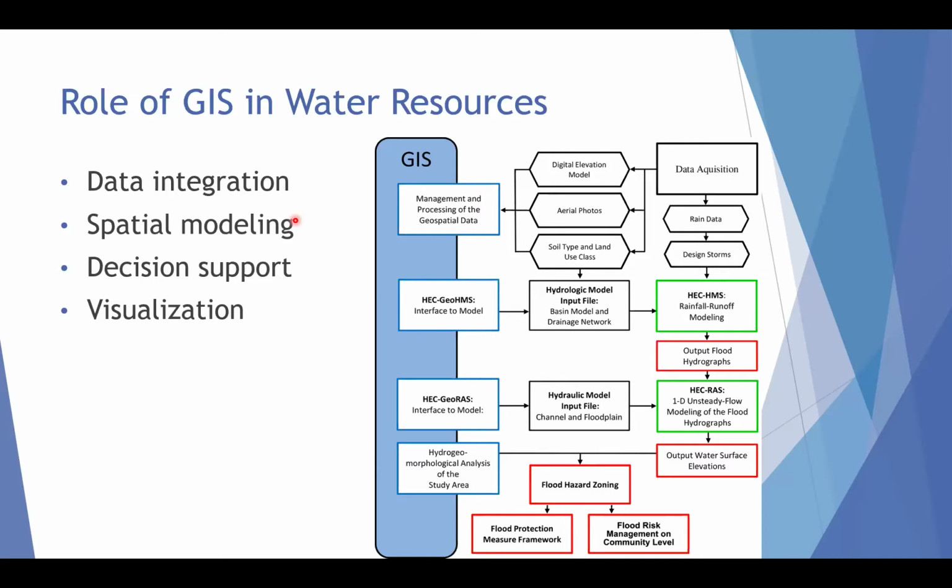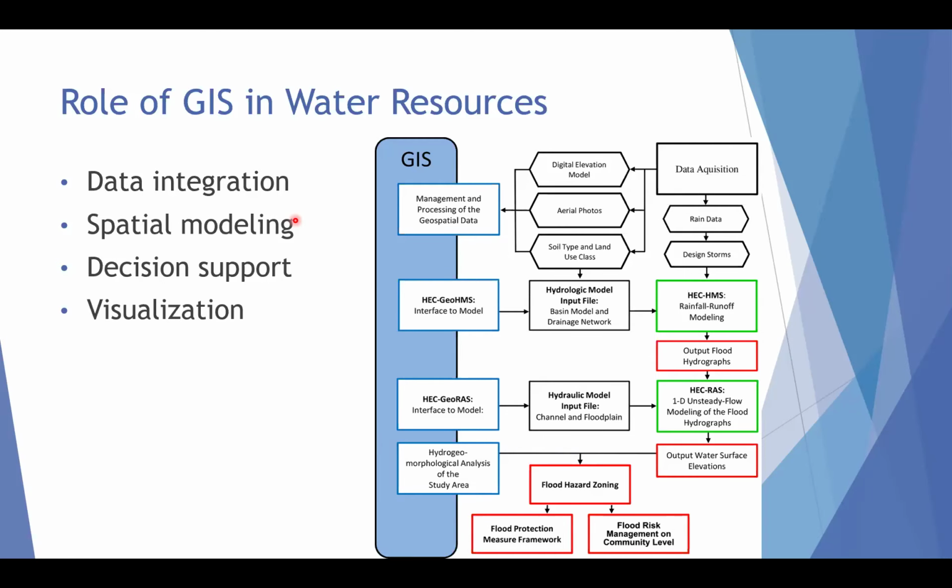And also, before we have the final data, sometimes we may need to pre-process the data. For instance, if I want to get the slope, then I have to do certain analysis using the digital elevation model to derive slope.